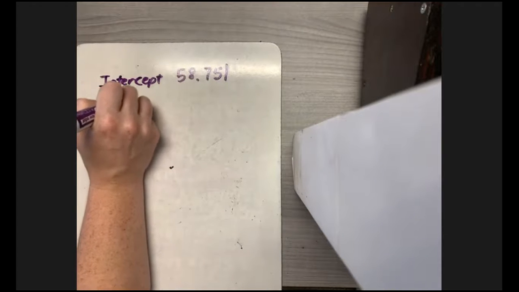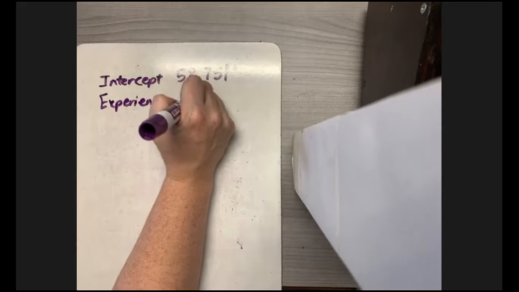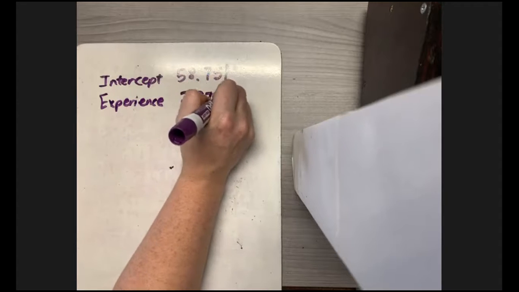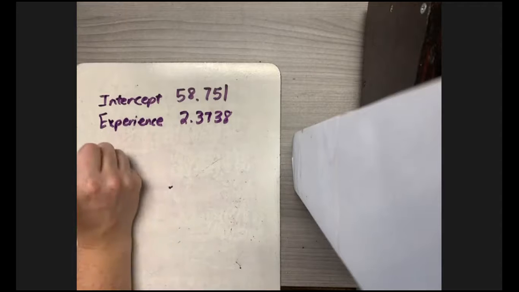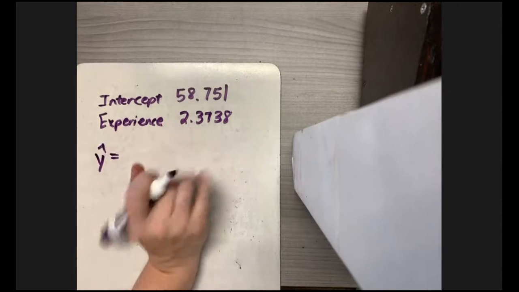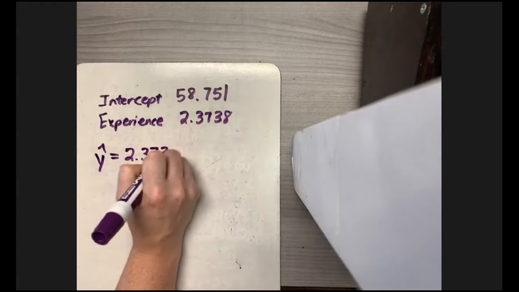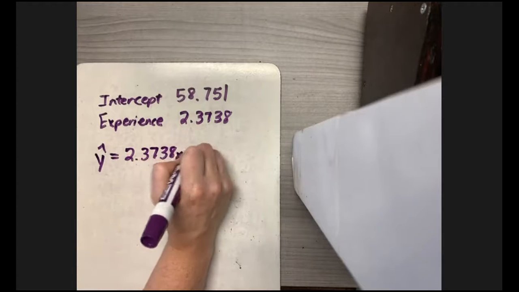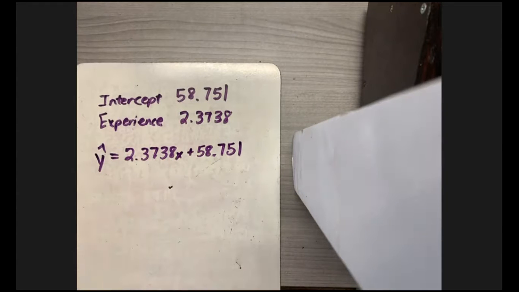And this one they were talking about experience, which would be our slope, was 2.3738. Okay, when these were done. If we were to write an equation line, again, experience here is going to be our slope. So we've got 2.3738x plus 58.571. So if they just handed it to me, I would then create an equation.